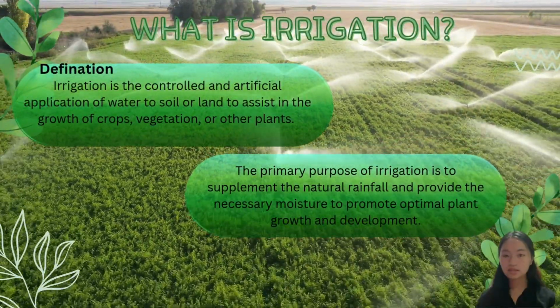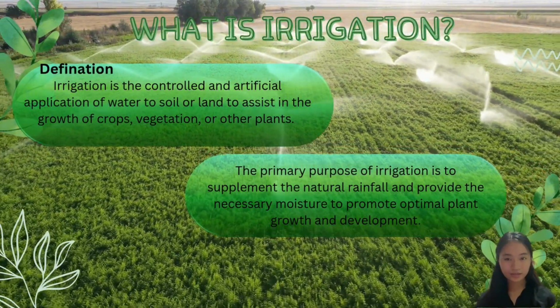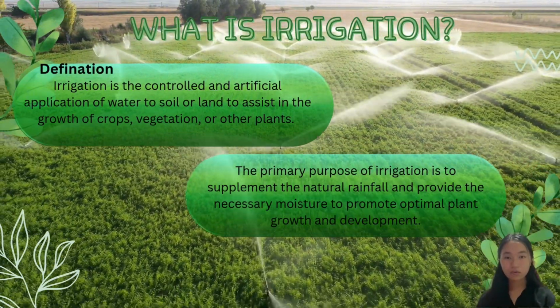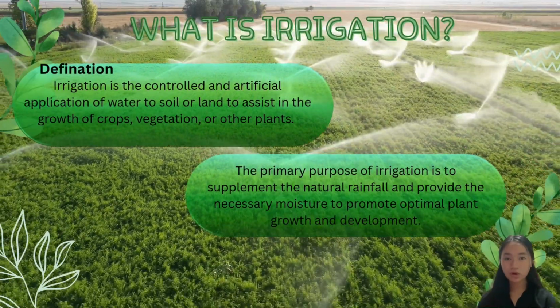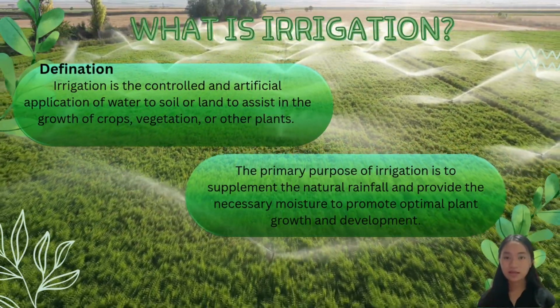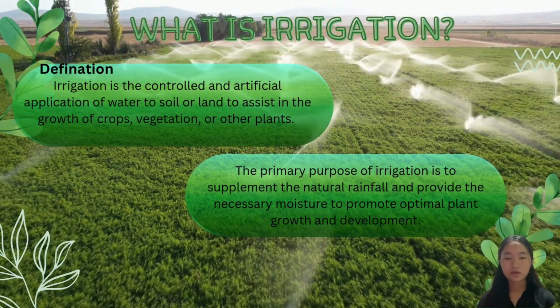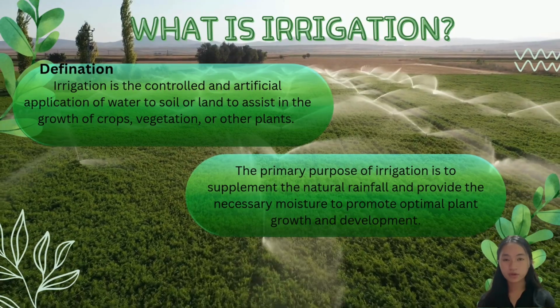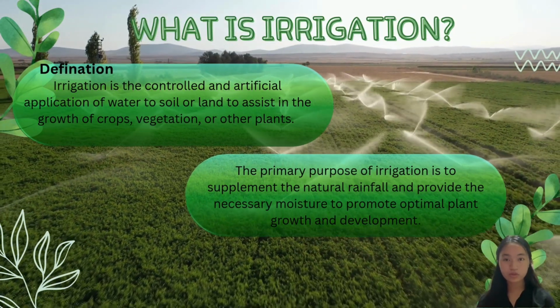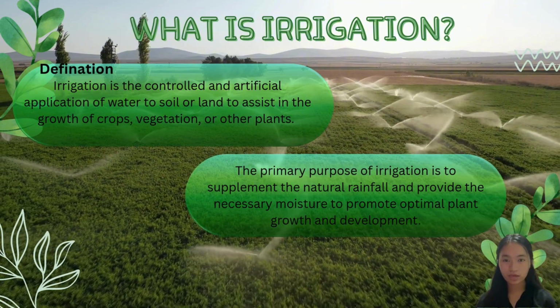So what is irrigation? Irrigation is the controlled and artificial application of water to soil or land. This helps crops, vegetation, and other plants grow when natural rainfall is not sufficient. The main purpose of irrigation is to supplement rainfall and provide the right moisture for plants to grow in a healthy and productive way.